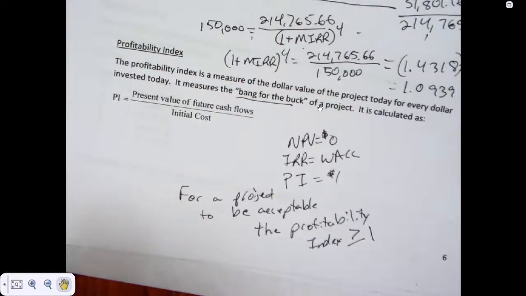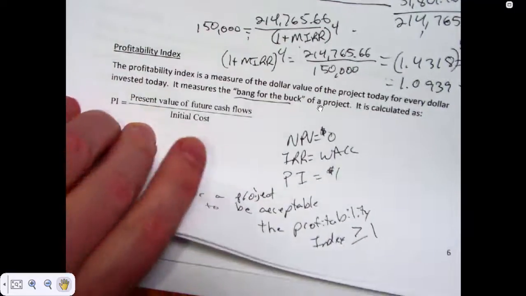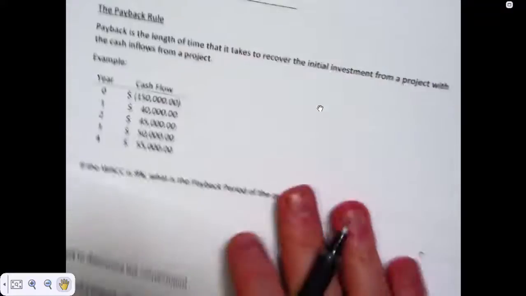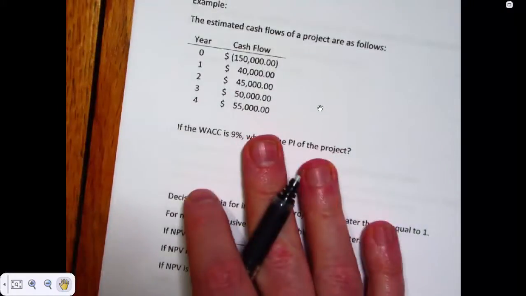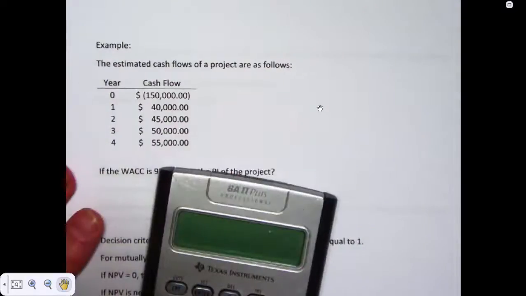So using the first example we worked through, I'm going to turn on my calculator here. I'm going to go to my cash flows. I'm going to reset these back to what we had initially. So our cash flow at time 0 is negative 150,000, and then I put in enter.